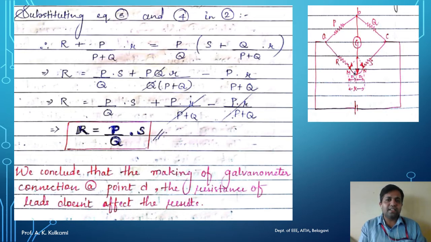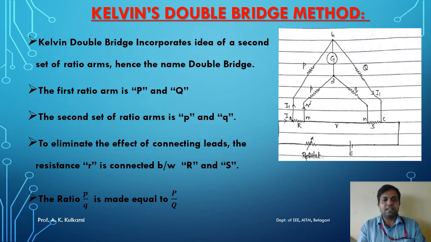So now let us see another method, that is Kelvin's double bridge method. Okay, so this is the circuit diagram for the Kelvin's double bridge method. Here in Kelvin's double bridge method, we are going to use another set of ratio arms. Okay, so that's why it is named as what? Double bridge.